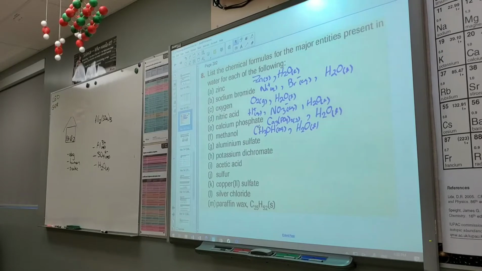So you don't see potassium dichromate? I understand we normally talk about the negative ions, right? But there are some positive ions up here. So you can also look for the positive ions. So it's aqueous.